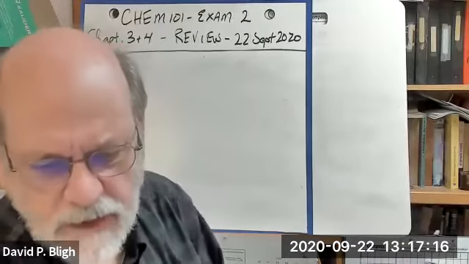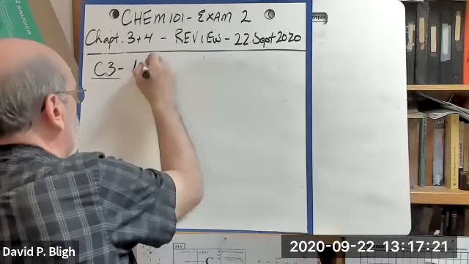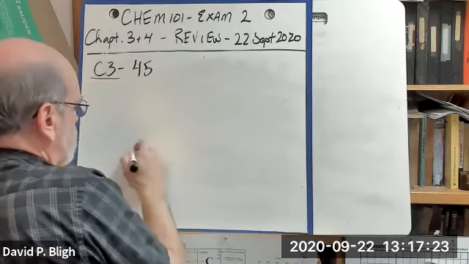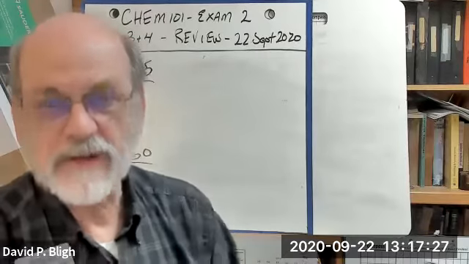So we're going to look at number 45 and number 60. Because they both use similar types of diagrams.